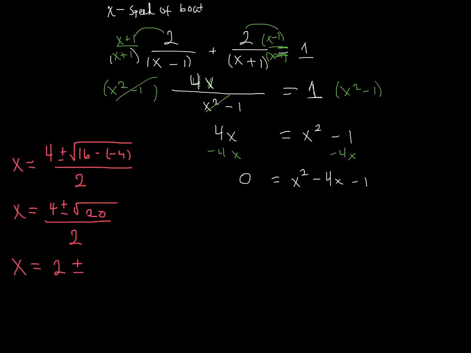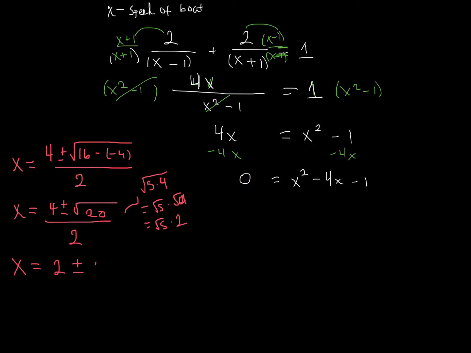Now the square root of 20, that's the square root of 5 times 4, right? 5 times 4 is 20. Well, that's the same as the square root of 5 times the square root of 4, which is the square root of 5 times 2.